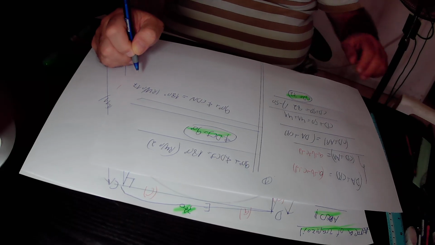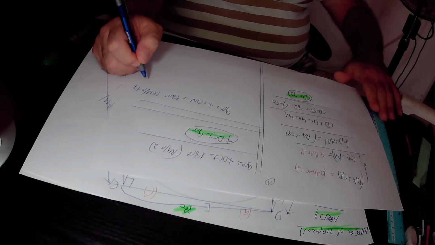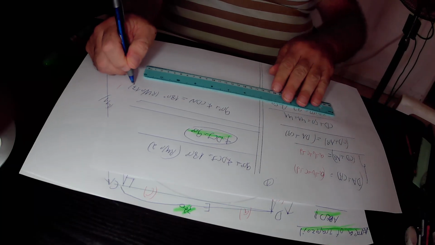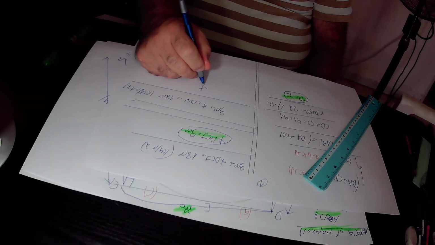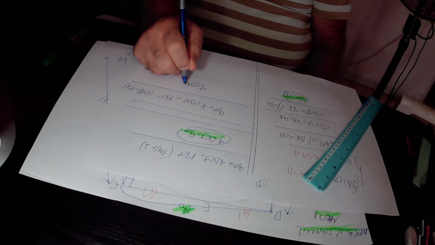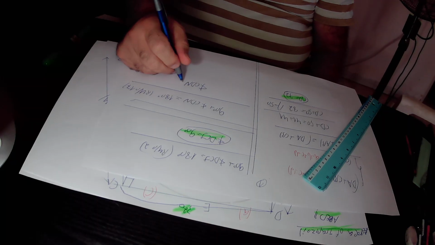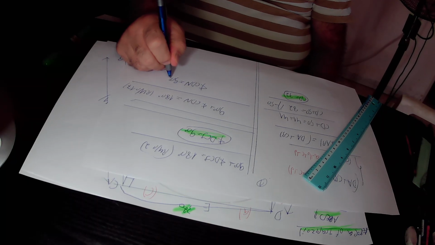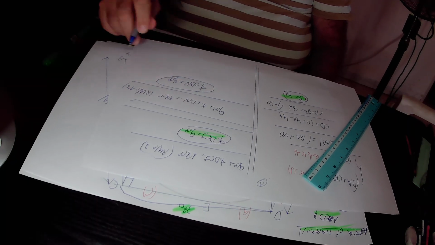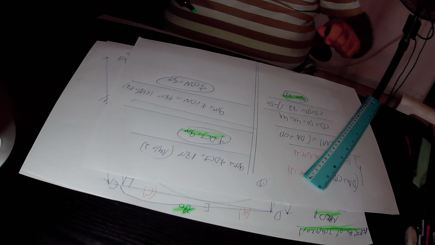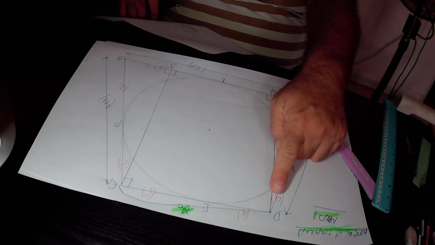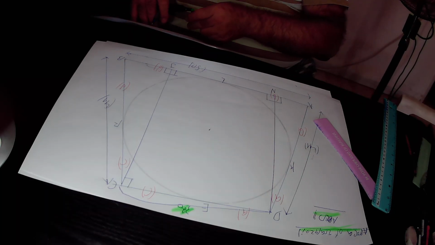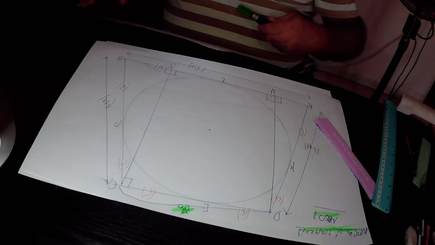Here we subtract 90 degrees from the equation, and we get that the size of the missing angle CDN is equal to 180 degrees minus 90 degrees, which is 90 degrees. Okay, this is the missing angle CDN that is equal to 90 degrees in its size.